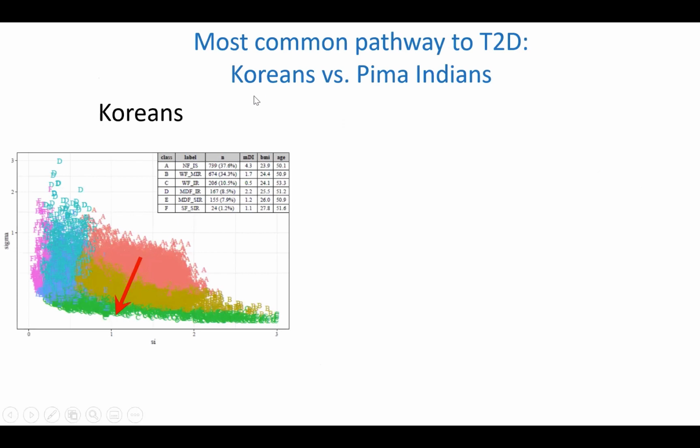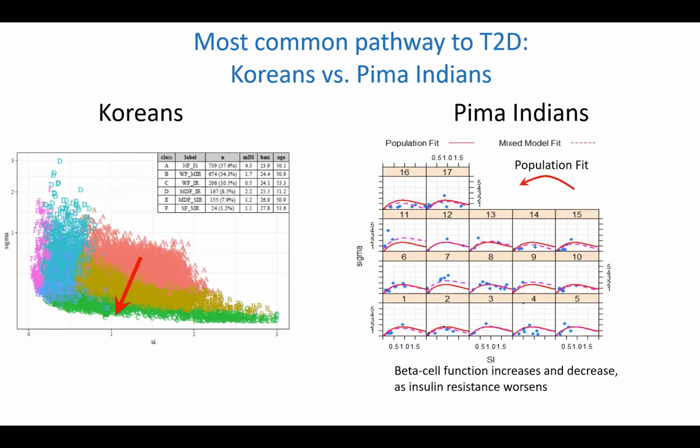Using just the average for the Korean population, as you can see, the arrow goes like this. Beta cell function does not increase much, but just declines as insulin sensitivity decreases slightly.